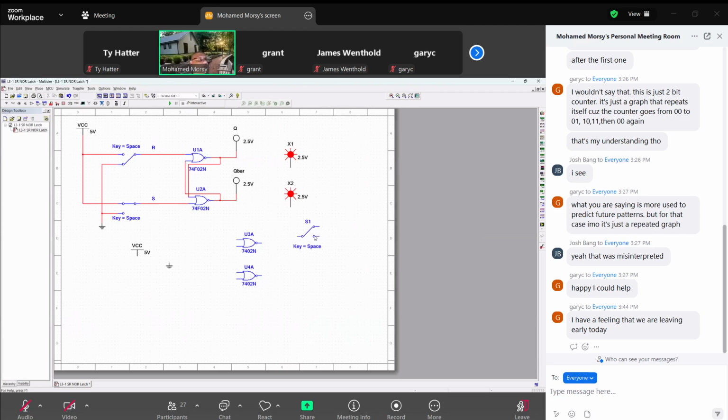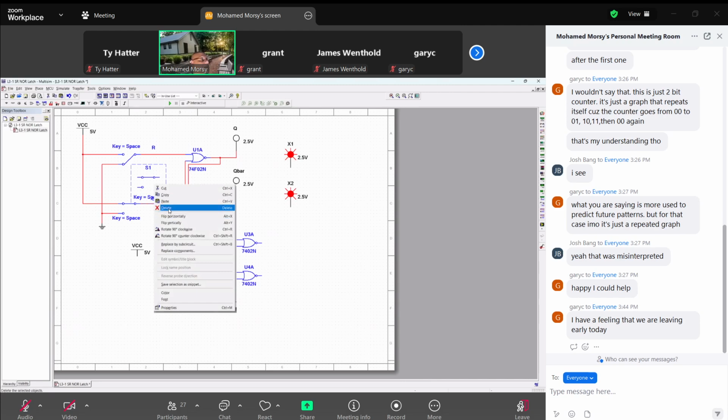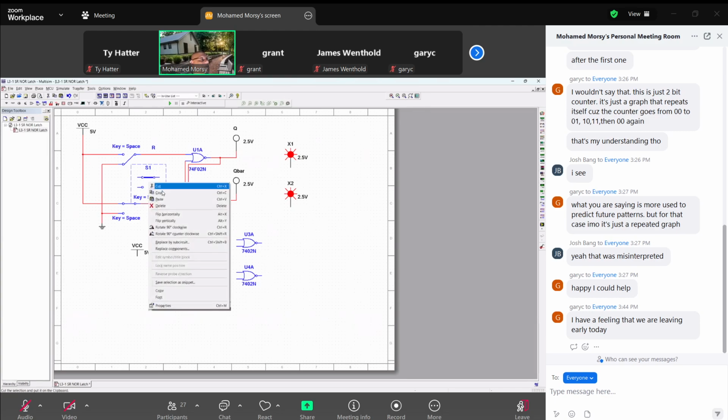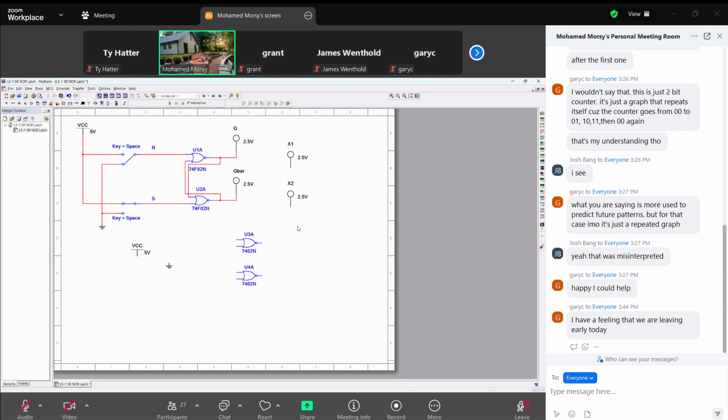And as you can see, we need to rotate this to connect these to the input of the gate. So just right click and rotate. So now you got this. Okay. And then you connect these components like you see here. We did that before. So I believe you can do that easily. Okay.